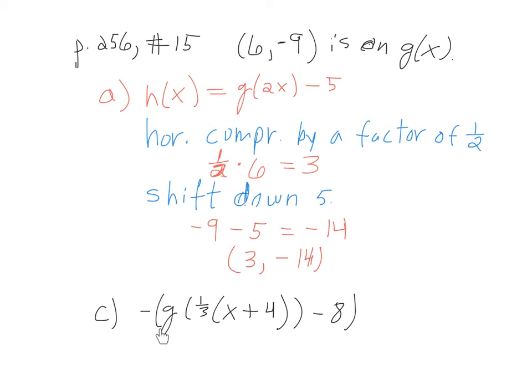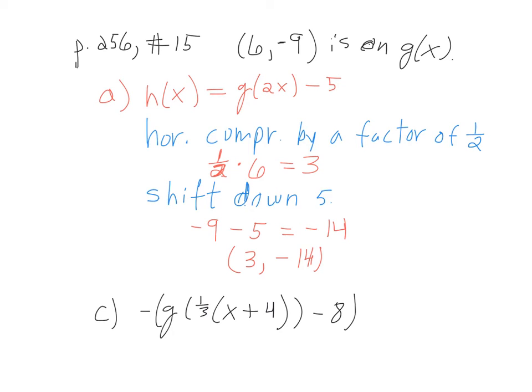So let's get rid of those parentheses by distributing that negative. But keep in mind that negative is not going to come inside the g. You can't do that because you don't know what g is doing. It could be the squared function. It could be any kind of function. So you can't bring the negative inside there, but you can distribute it along the outside.